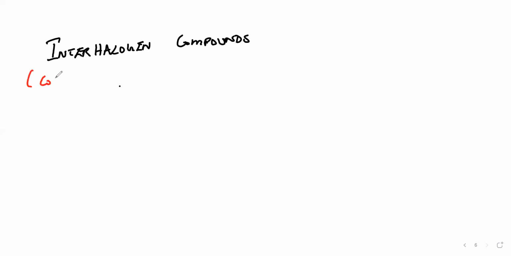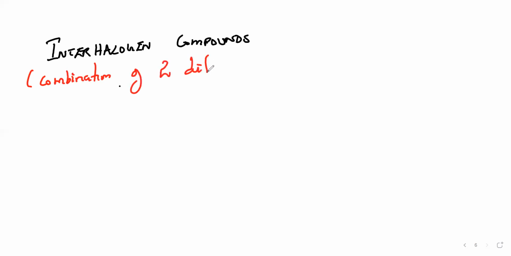Now coming to the next one, interhalogen compounds. First you have to understand the meaning of interhalogen: a combination of two different halogens.